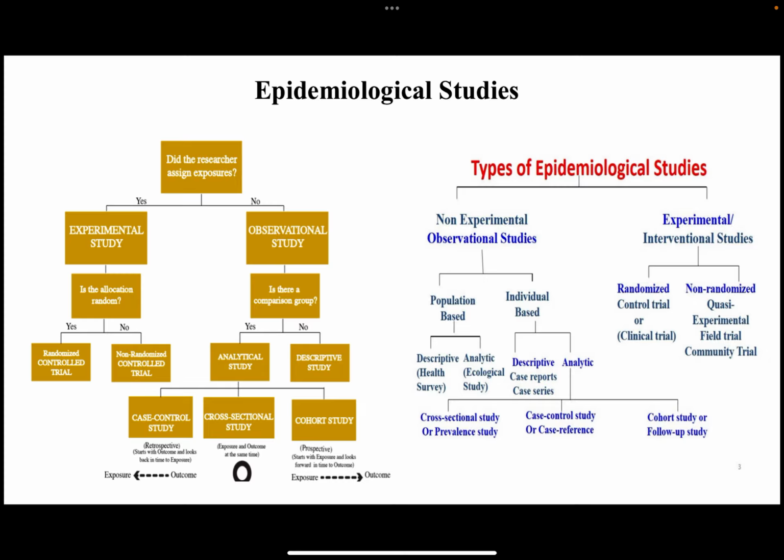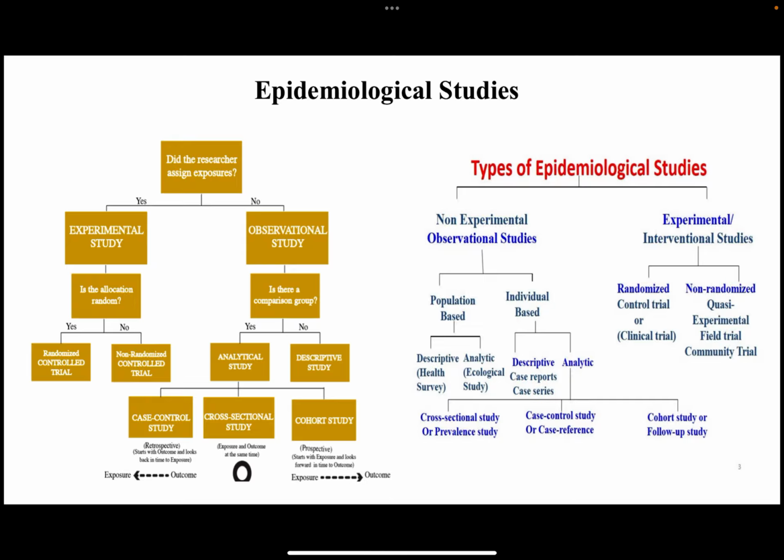Then we have the observational or non-experimental studies, which we just use to observe people in their natural environment. But experimental studies, we use to test the effectiveness of an intervention in a controlled environment. So we have two main types of epidemiological studies.